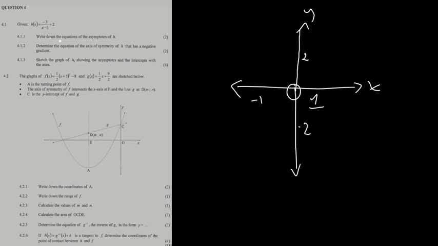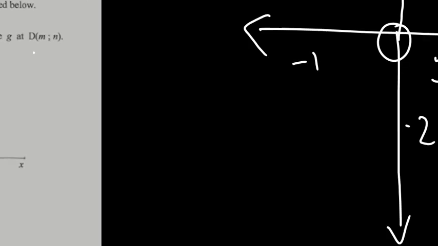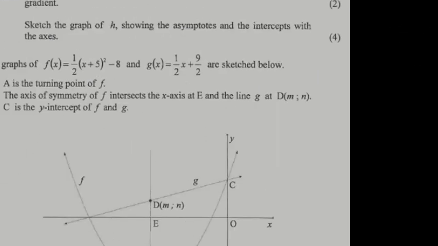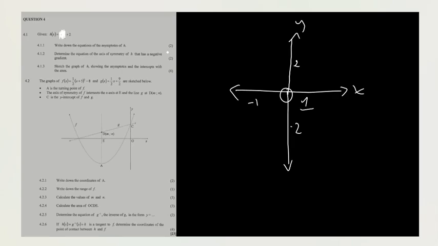Now looking at this function, if I decide to erase this part, what is it that we see? We see h of x equal to 2.